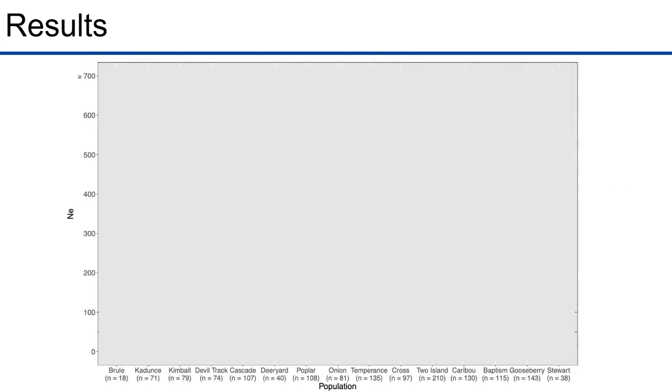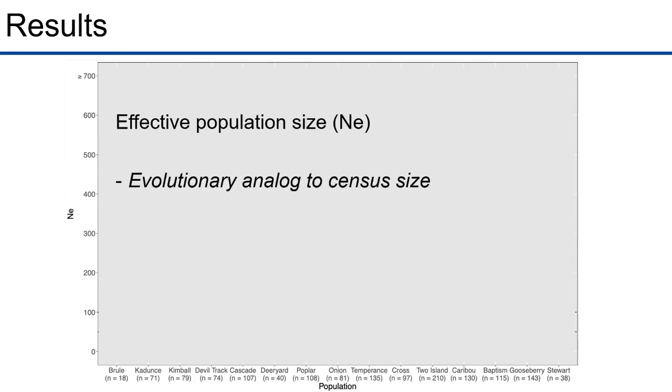And our final goal was to be able to infer the genetic health of the populations that we resolved in this study. And so there were 15 genetically distinct populations that I've showed based on the colors on the previous slide. And we estimated effective population size, or NE, for each of these 15 populations. And so NE is an evolutionary analog to census size.